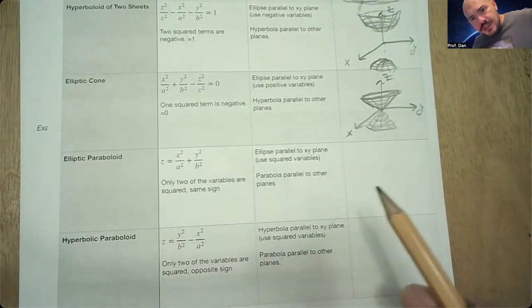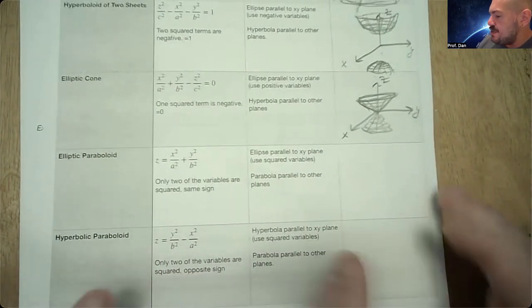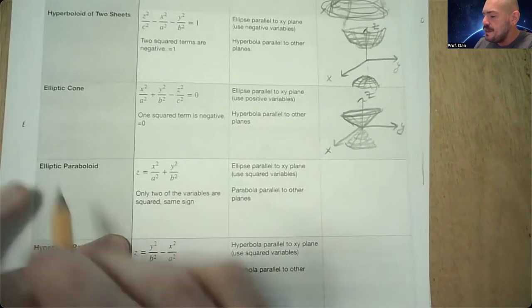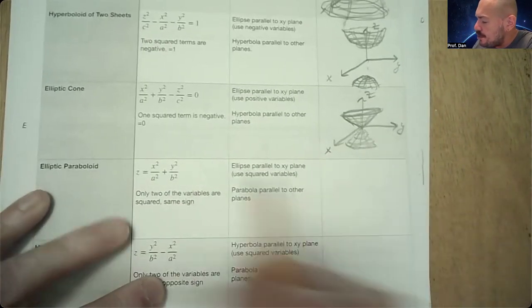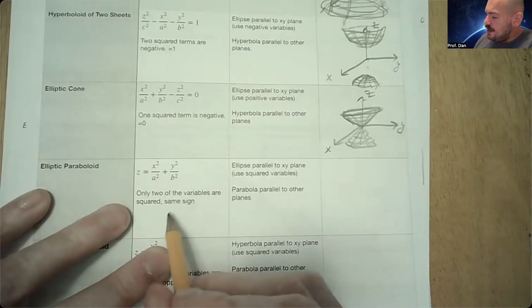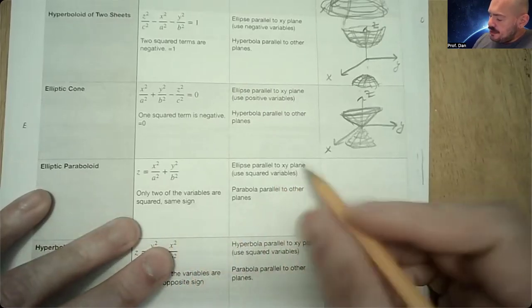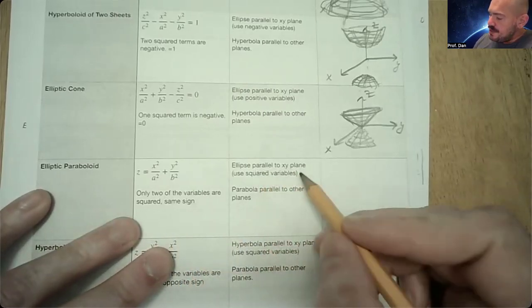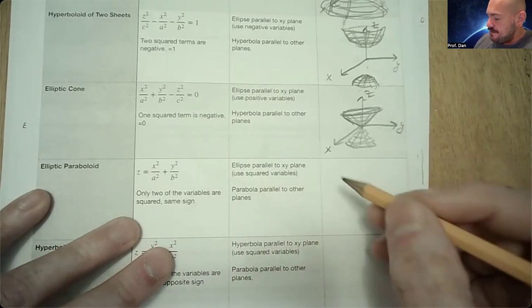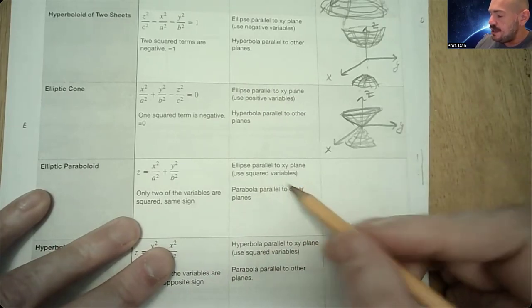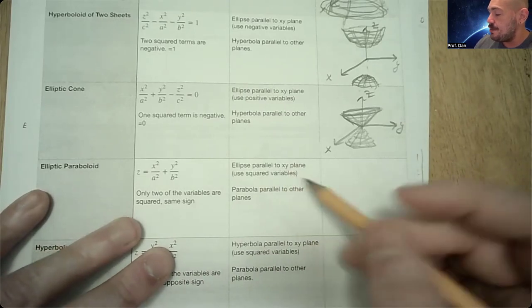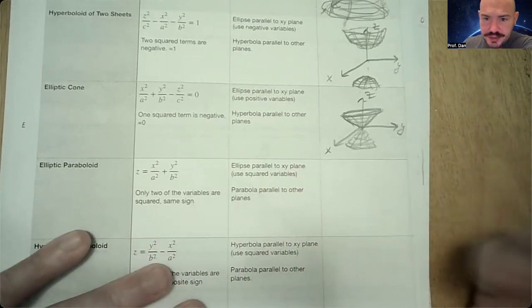So keep that in mind as you're going through and doing some practice problems. So anyway, paraboloid. Our traces, we have an ellipse that's parallel to the xy plane, right? And the other trace is a parabola that's parallel to all of the other planes.